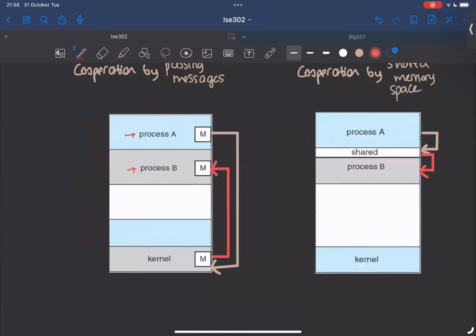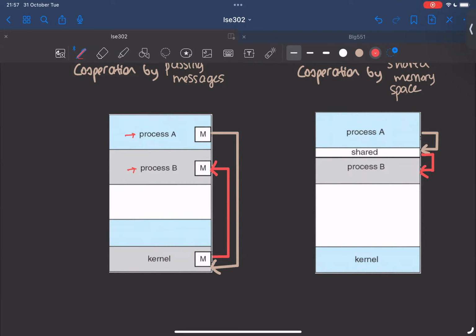Remember that system calls are provided by the kernel, and the kernel behaves like an intermediary, which facilitates the communication between the sender and receiver processes. So it helps the communication of process A and process B.